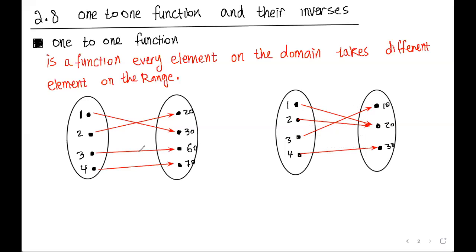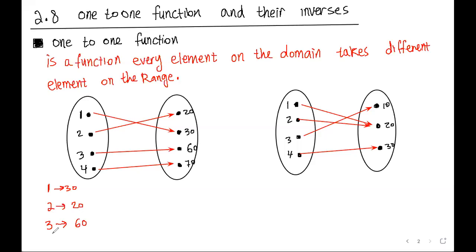So look for the first diagram. For the first diagram, number 1 goes to 30. 2 goes to 20. Number 3 goes to 60.